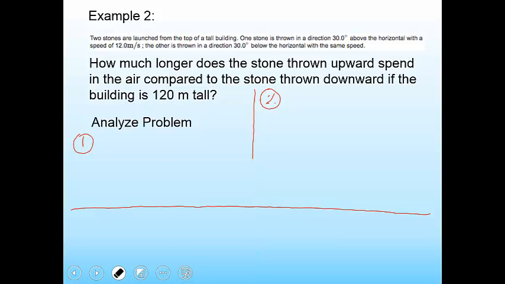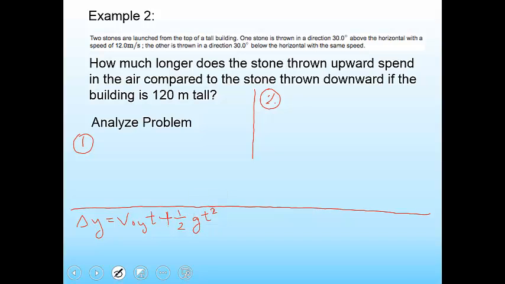Okay, so these are going to use a lot of the same equations. So for instance, the equation will be the same. Delta y is equal to v naught y t plus 1/2 g t squared.